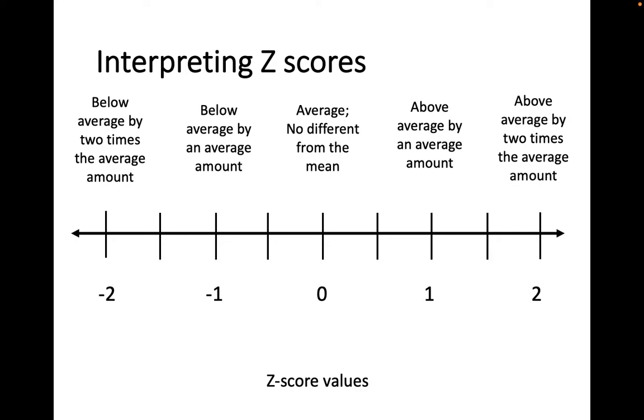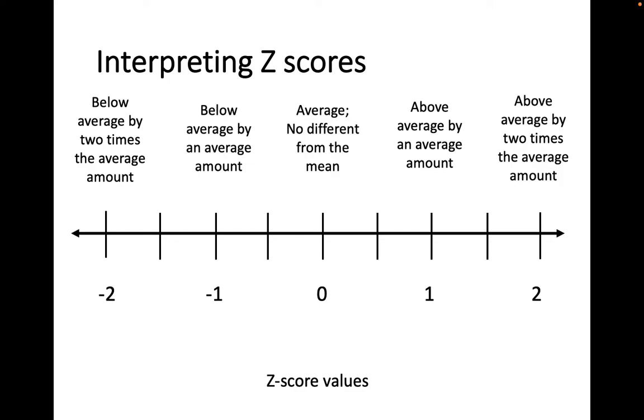A z-score of positive 1 indicates that the score is above average by an average amount. Remember that standard deviation captures the average deviation from the mean. So if a z-score is 1, that means that the score deviates from the mean by that average amount. Similar interpretation with a z-score of negative 1. Only the negative sign indicates that the score is below average by an average amount.